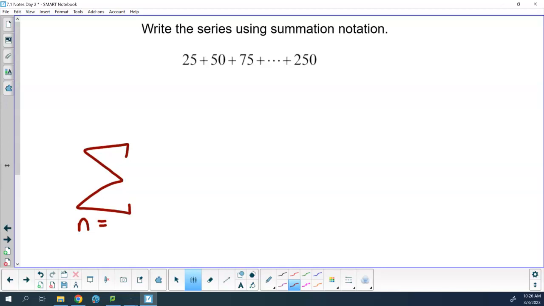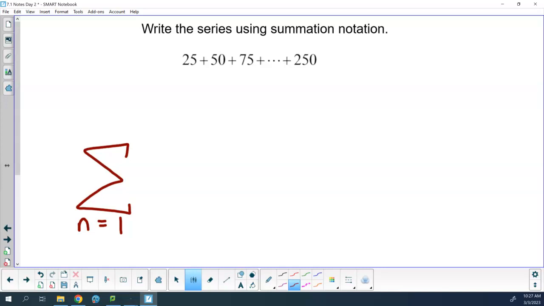Two's not between 0 and 2. 1. Good choice. That's all that I have for right now.